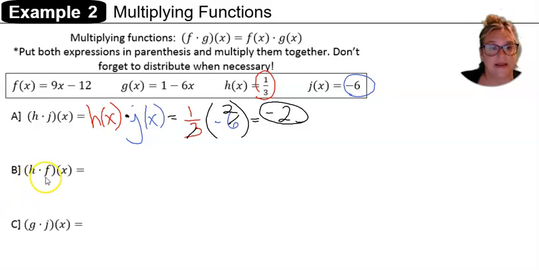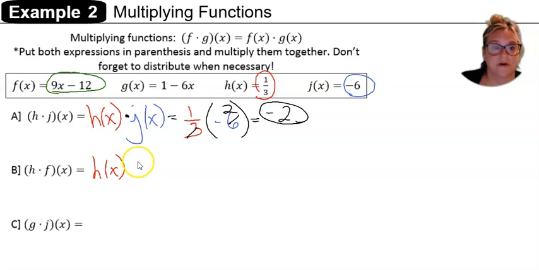So we're multiplying h times f of x. So the function h of x is going to get multiplied times our function f of x. I'm going to use green for f of x. So we're going to multiply those together.